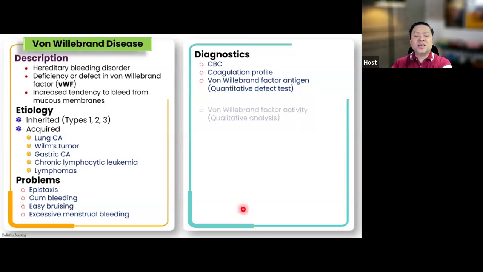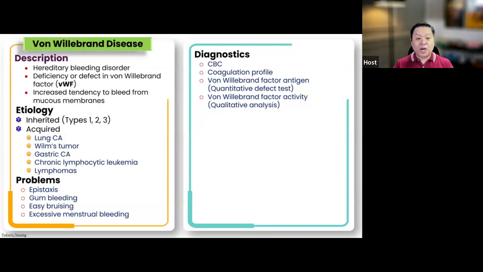Now, moving into the next test here, which is the von Willebrand factor activity, which is basically the qualitative analysis. Here, the factor itself is typically reduced, and there is some sort of defect in its functional activity. It's not able to function normally during the coagulation process.